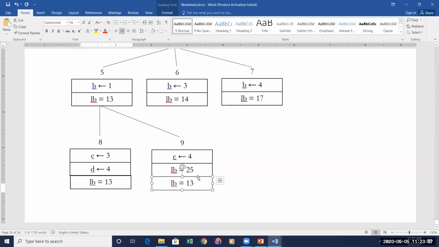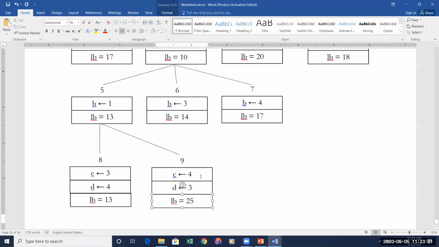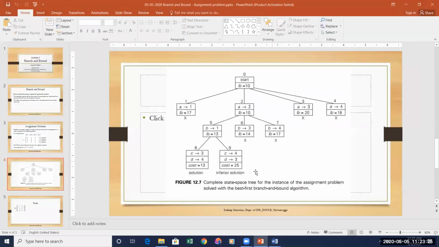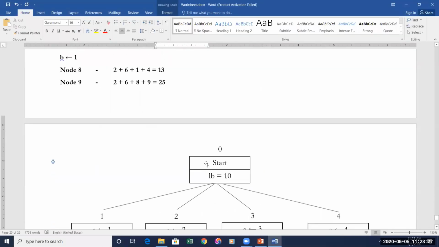If C is allotted with 4, then D's option is 3. So this cost is 25, I think. I'll verify once. 13 and 25.